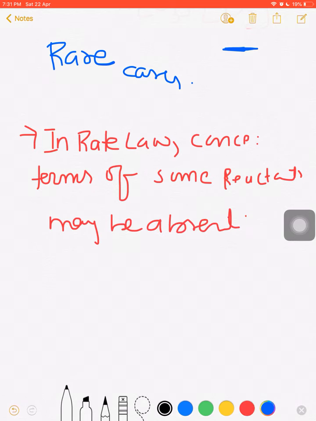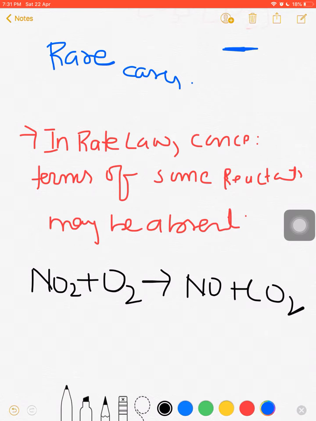For example, there are two reactants and one of the reactants is missing, like we are not counting it. For example, we have the reaction NO2 plus CO forming NO plus carbon dioxide.